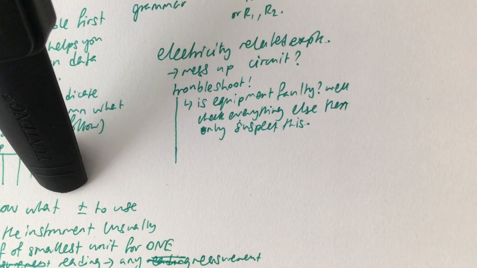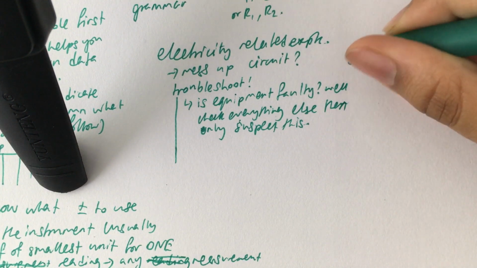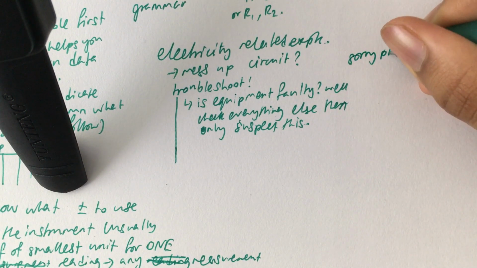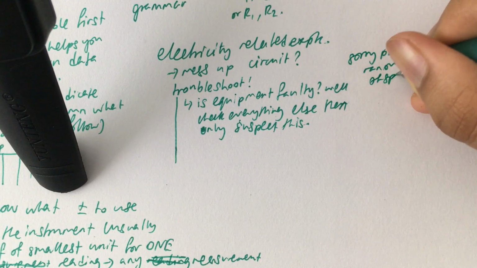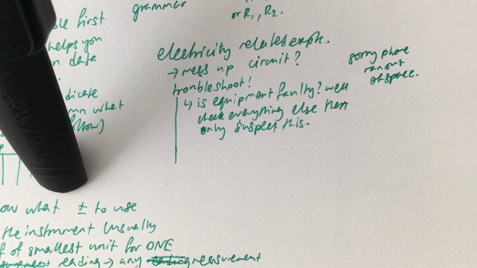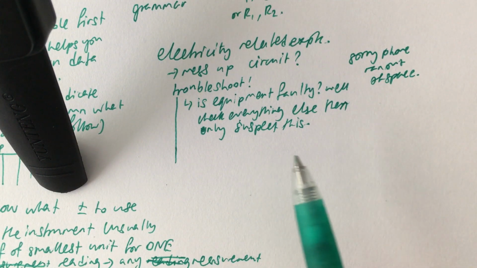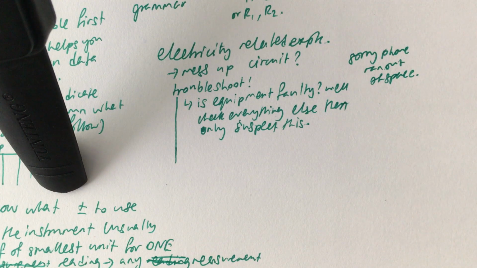But of course, sometimes the actual equipment might be faulty, so in case that happens, just tell the invigilator and they will help you get a new meter or a new piece of equipment based on what exactly is faulty, like the voltmeter or ammeter. Maybe the light bulb is faulty, maybe the wire is faulty.